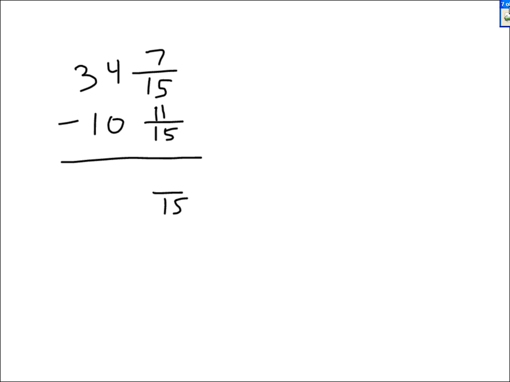Now you attempt to do 7 minus 11, and you say, oops, I can't. You have to borrow from the ones place. Make that a 33. But don't just put a 1 in front of the 7.